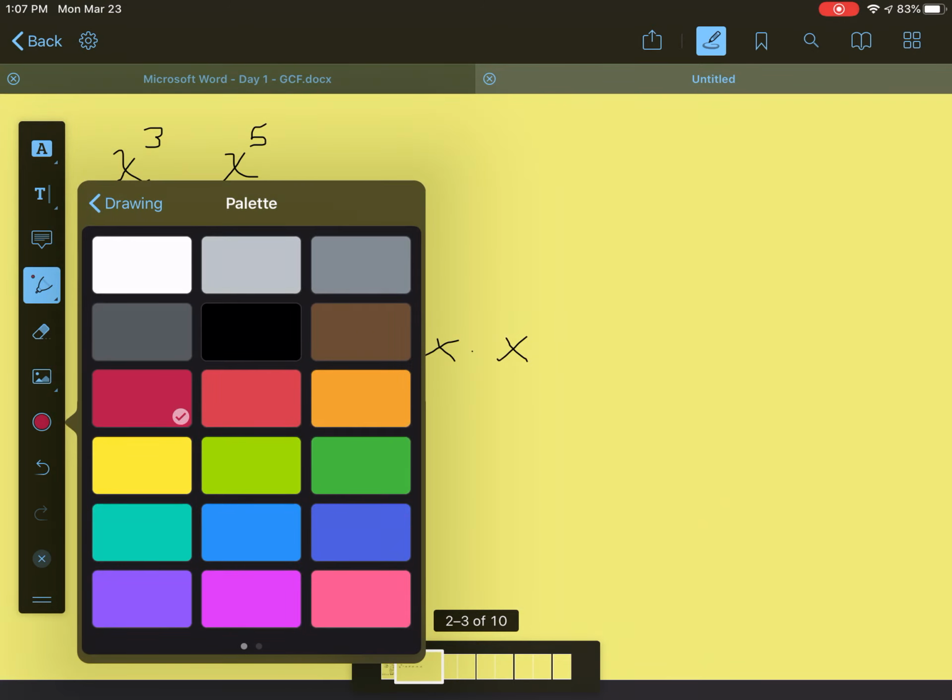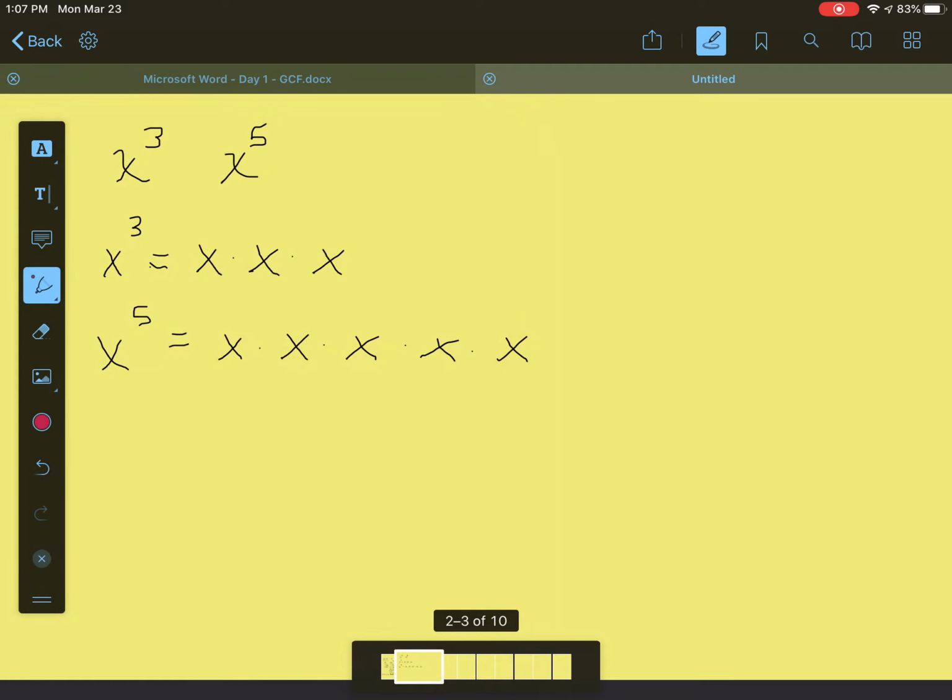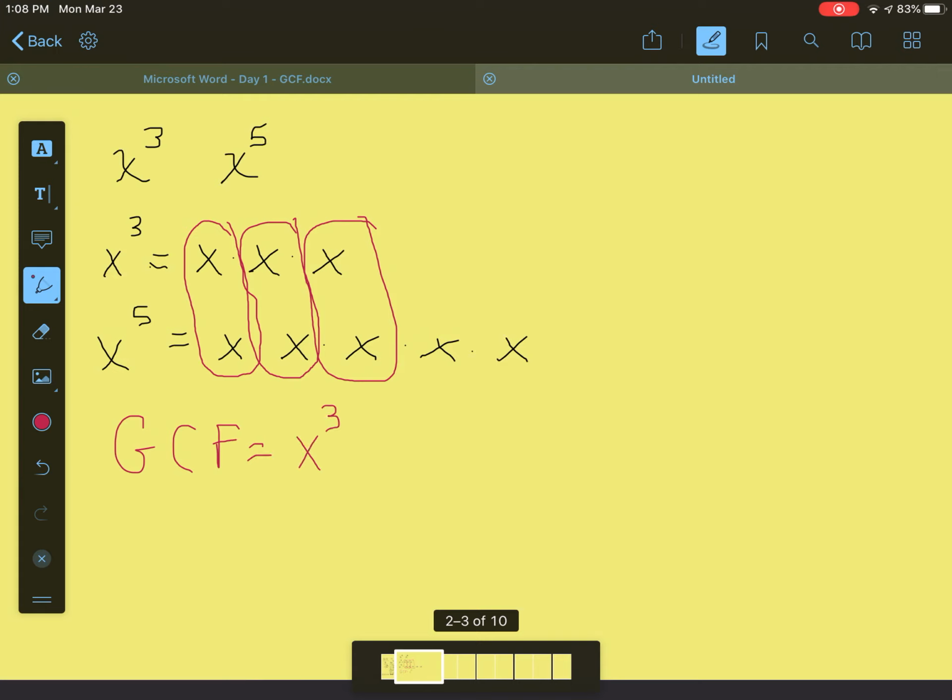They've got this pair of x's in common, this pair of x's in common, and this pair of x's in common. There's three x's that the two monomials have in common, so your GCF is going to be x cubed.